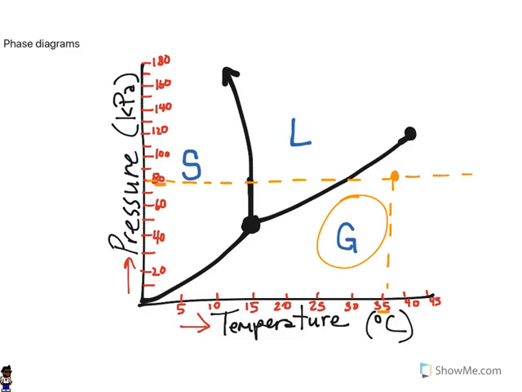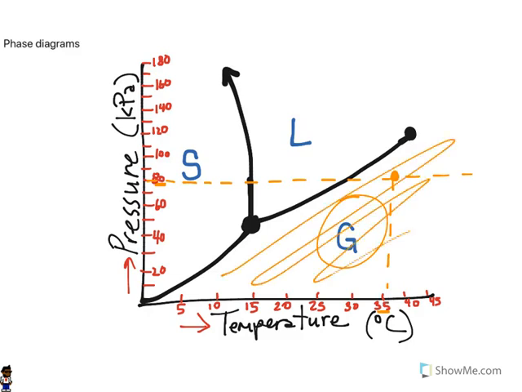You should have landed with gas, right? Because that data point puts you right here at gas. So if you were asked what state of matter the substance is at 80 kPa and 35 degrees Celsius, you'll say gas because it falls in the gas region of space.